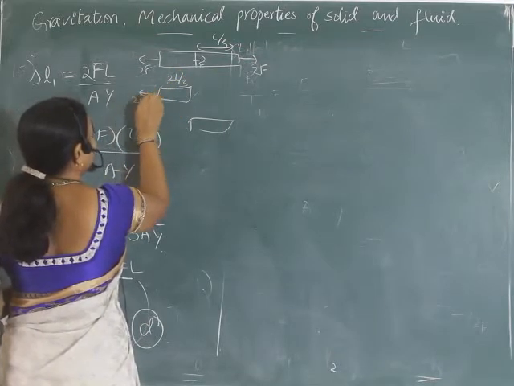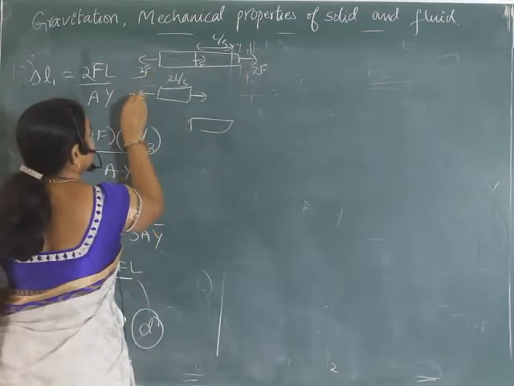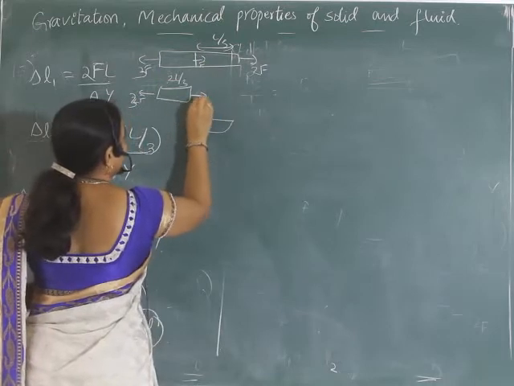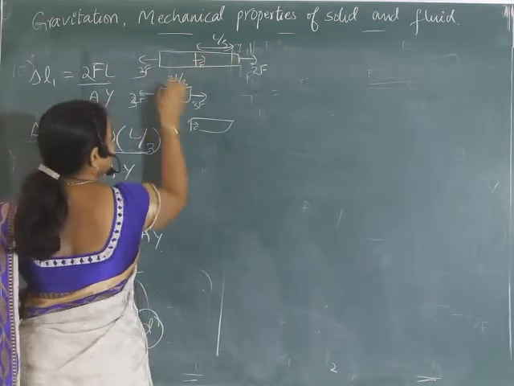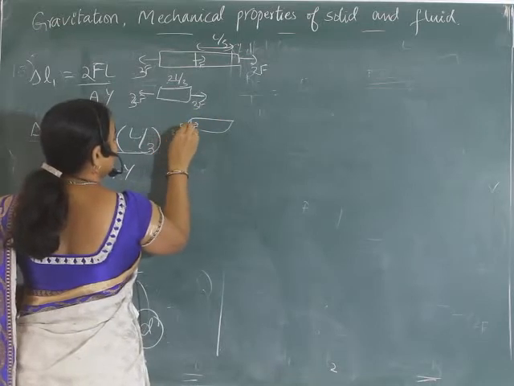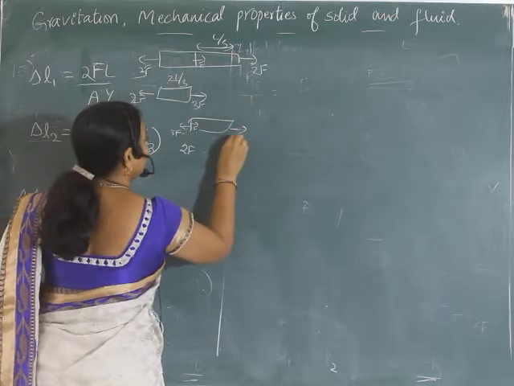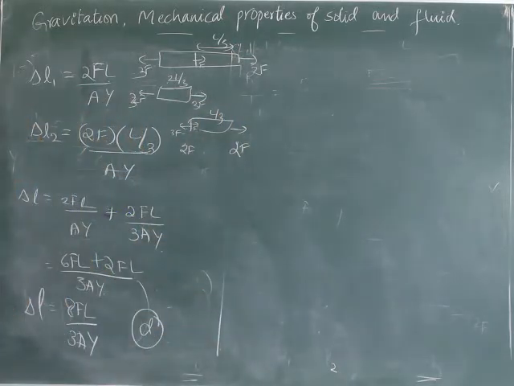Sorry, here it was 3F: F plus F because same direction, so total 3F. For this one, this is F and this side it is 3F, so total force present here is 2F. Here it is already 2F for the length L by 3. This is how you have to divide it into two parts and solve, and then you have to add that length. Elongation you will get.